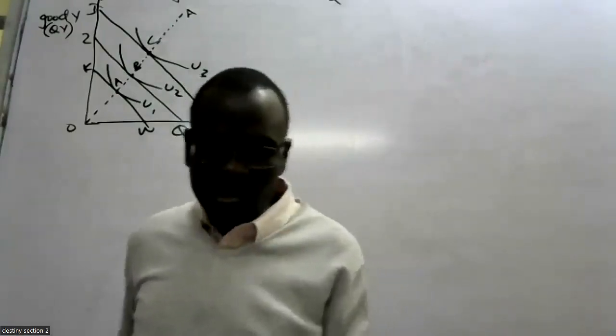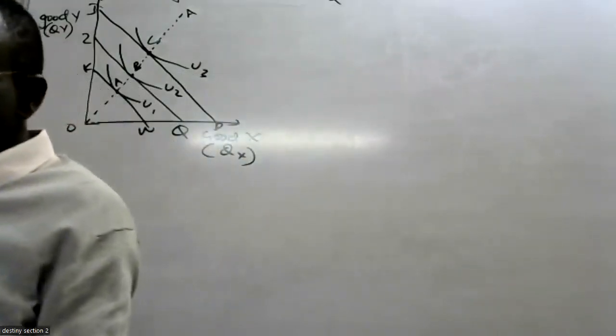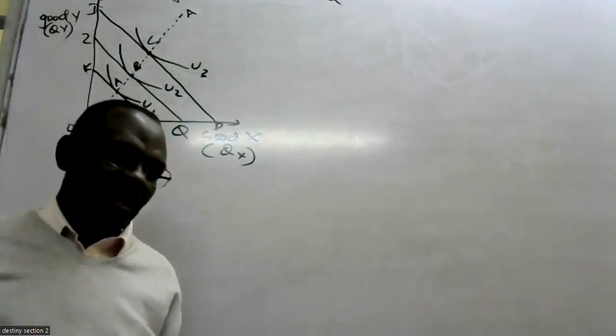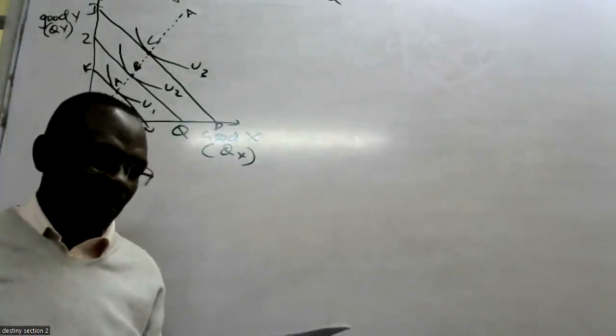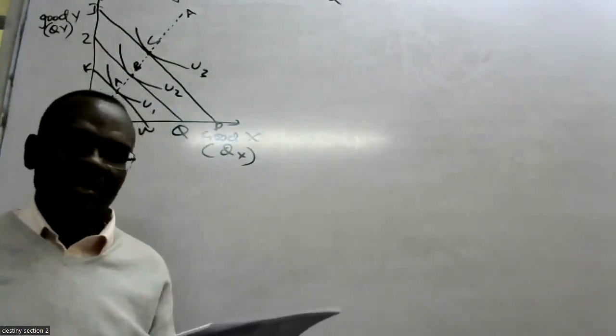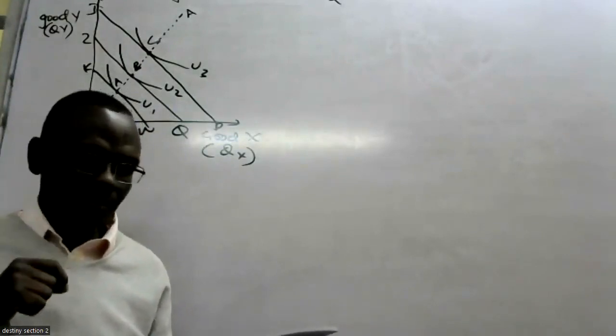So assume that the initial budget line of the consumer is ZQ. That's the starting point. The equilibrium is at point B, where the budget line ZQ is tangent to the indifference curve U2.